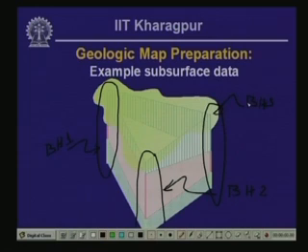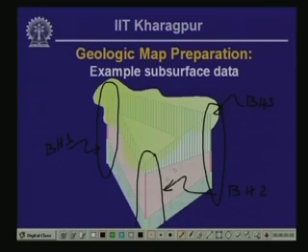Now, when we try to get subsurface information, a borehole is drilled using a mud rotary technique or any other technique appropriate for a particular geologic area, and we try to identify the location of the contact between different geologic units.